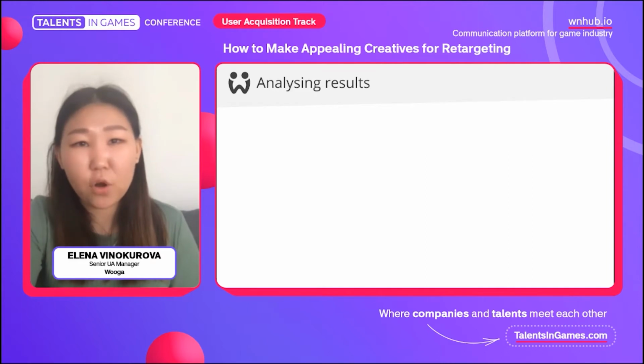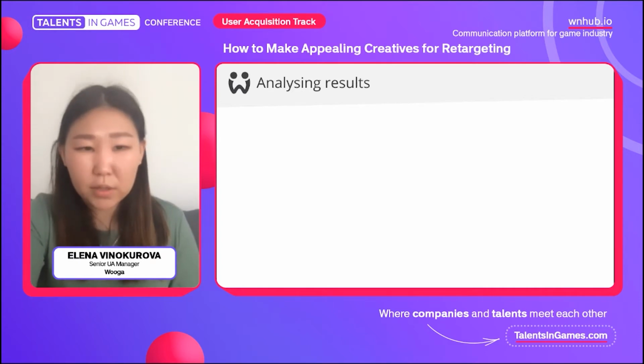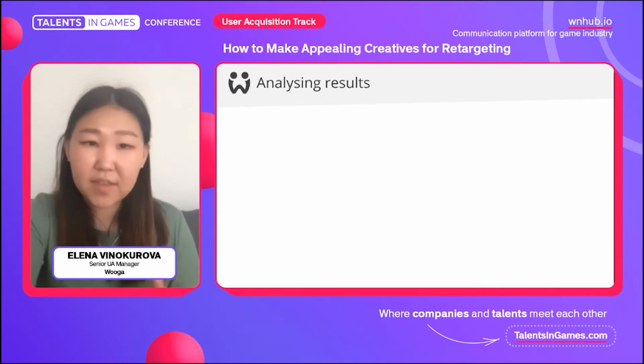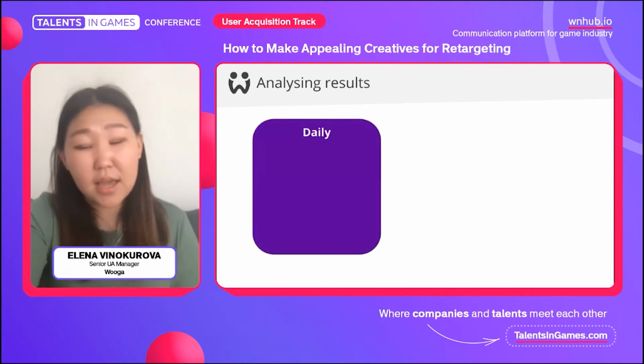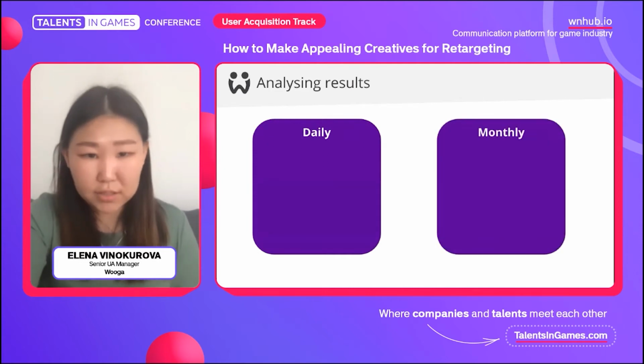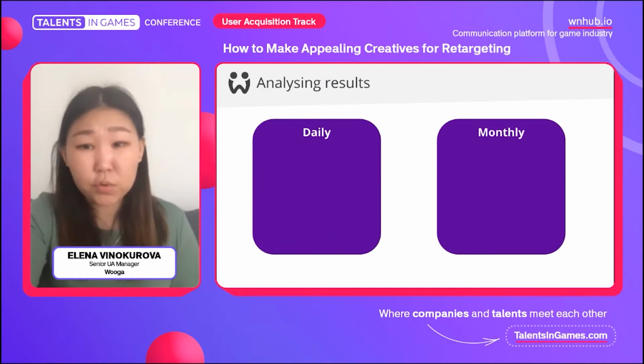First of all, I'll give you an explanation of how we look at the data. We split it into two time frames: daily metrics and monthly metrics. The reason why is that for all retargeting campaigns, we always calculate incremental uplift, which we do on a monthly basis.